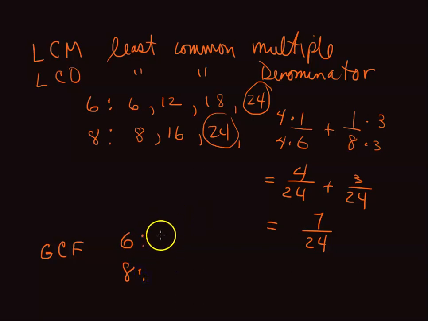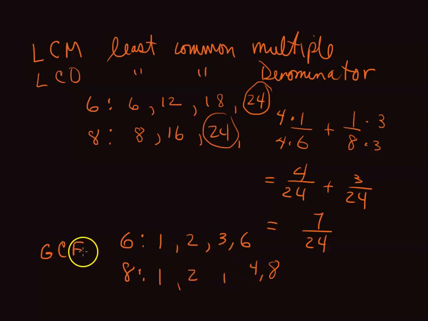all the factors of 6 are 1 times 6, and 2 times 3, and when you reach the middle, so to speak, you're done. Here's 1 times 8, and then it's 2 times 4, but 3 doesn't work, and now you've made it to 4, so you've made it to the middle.